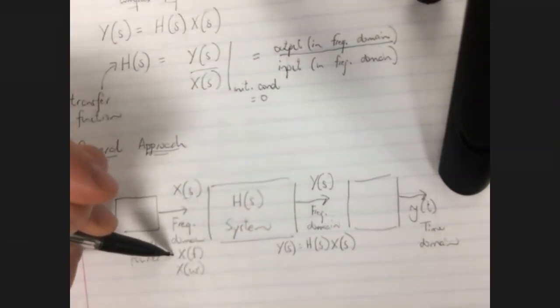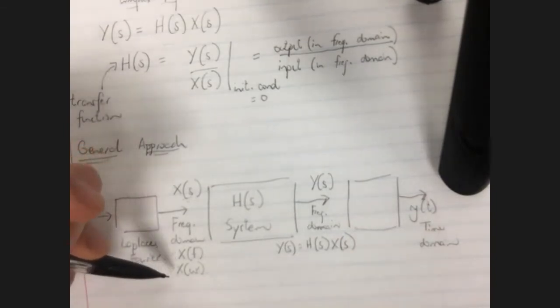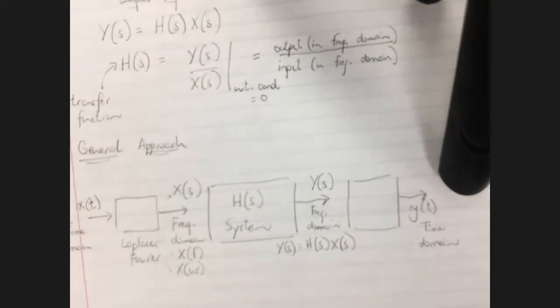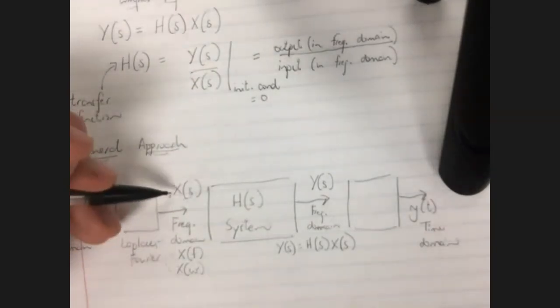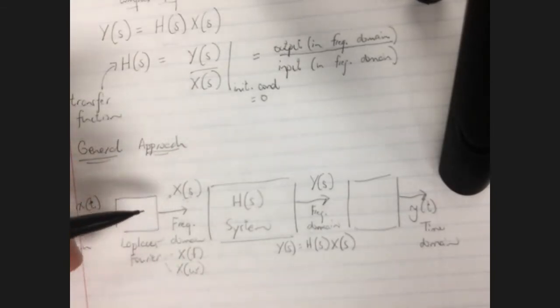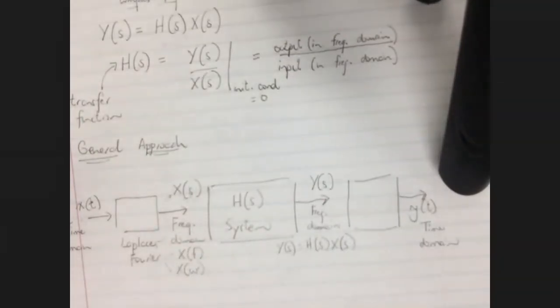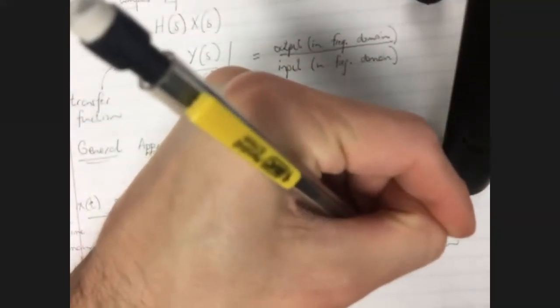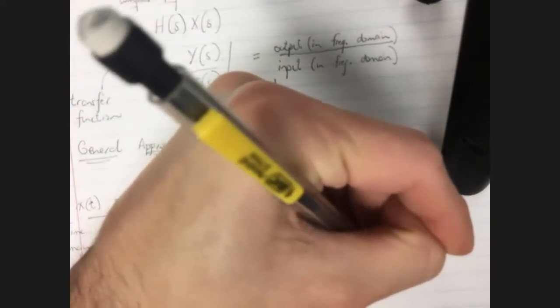Fourier usually uses X of f or omega, and Laplace usually uses X of s. But these are all things that are in the frequency world. Then on the other side, you're going to bring it back by doing an inverse transform, so it's going to be inverse Laplace or inverse Fourier.